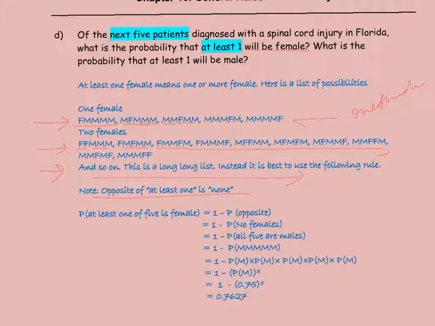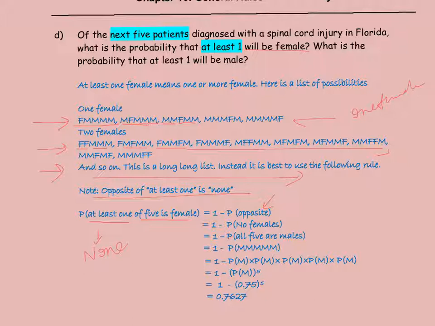Think about, what is the opposite of at least one of the 5 patients being female? What is the opposite of at least one of the 5 patients is female? The opposite of that event is none, so the opposite is, the word none is used. So the opposite of that is none of the 5 patients is female.